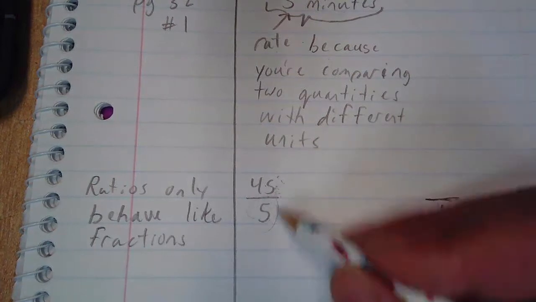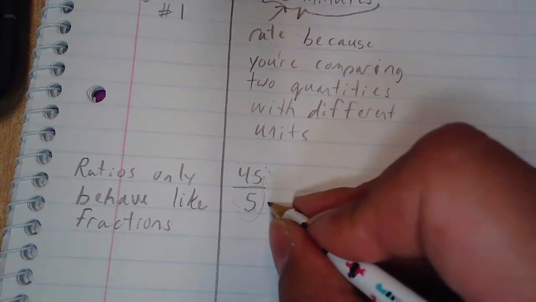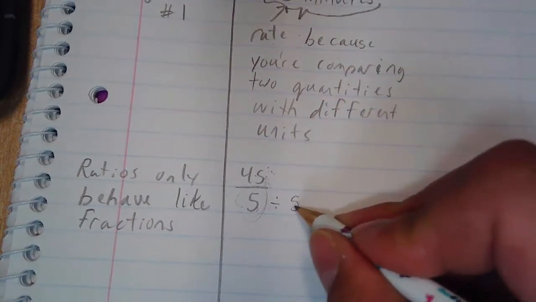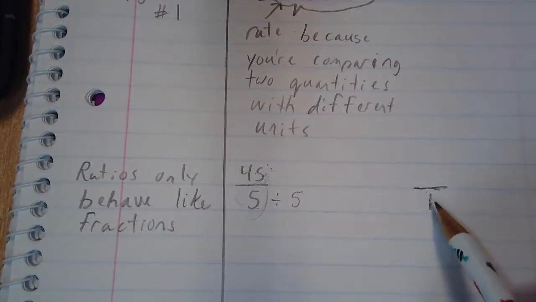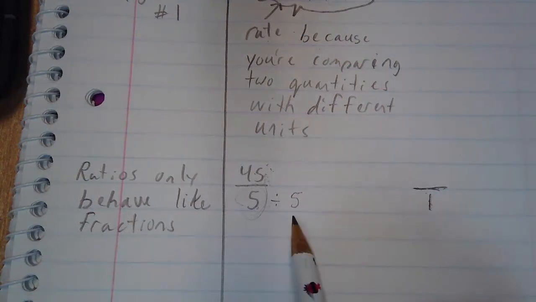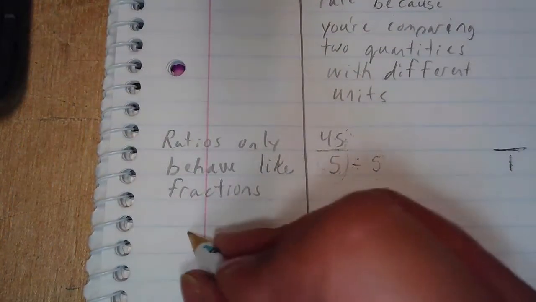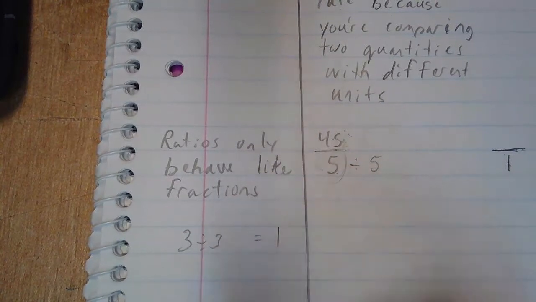Now, here's the deal. To go from 5 to 1, you divide by the number itself, right? If you want the quotient to be 1, the only way for that to happen is to divide the number by itself. Again, it's just a rule. If you have 3 and you want the quotient to be 1 when you're dividing, you divide by 3.